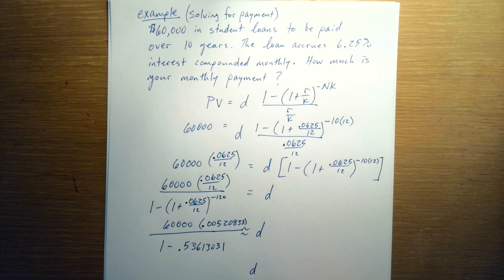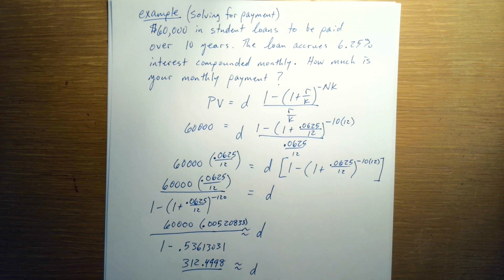So then plugging these in, I get about 312.4998 in the numerator and 0.463869 in the denominator.